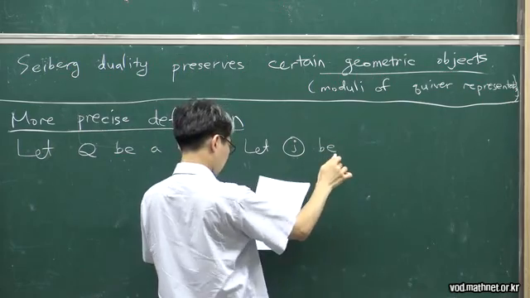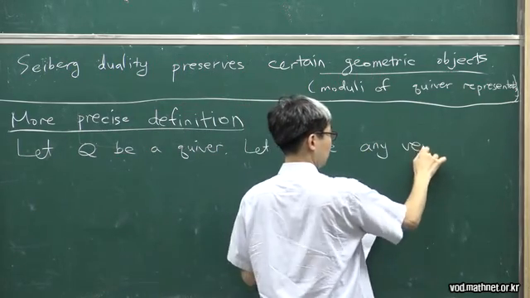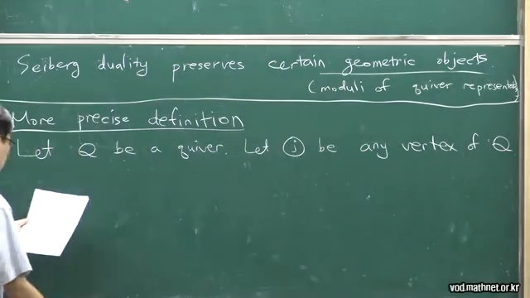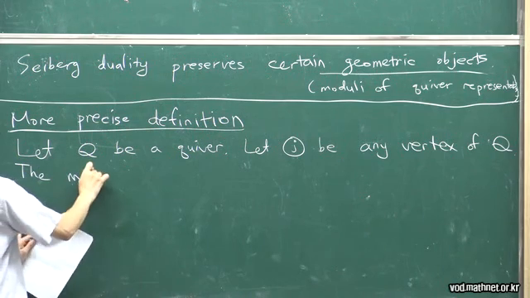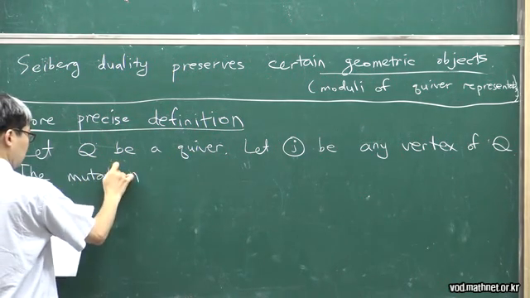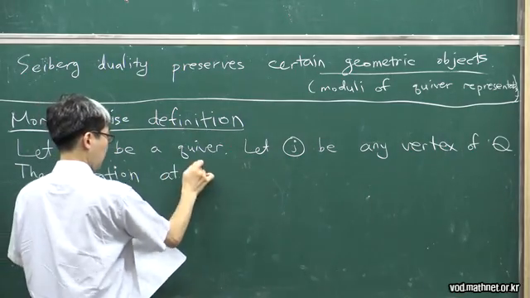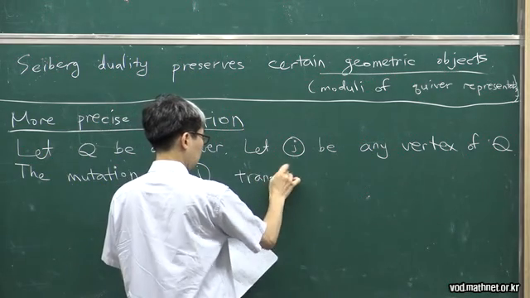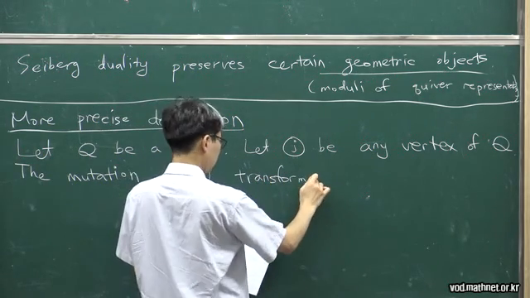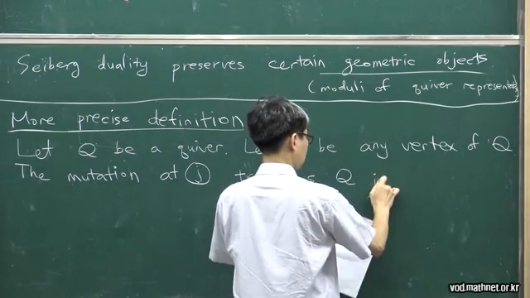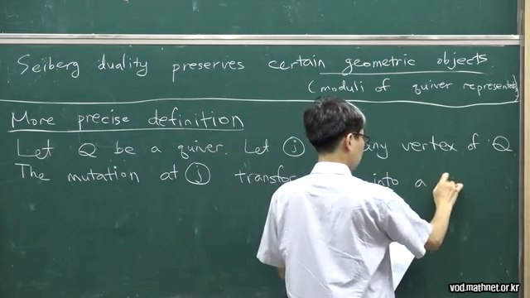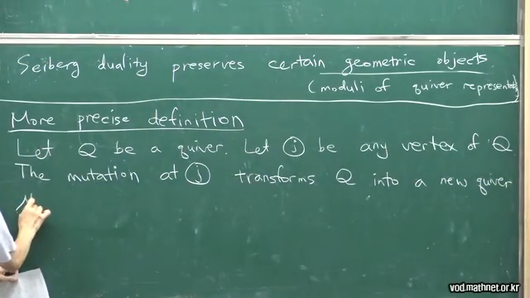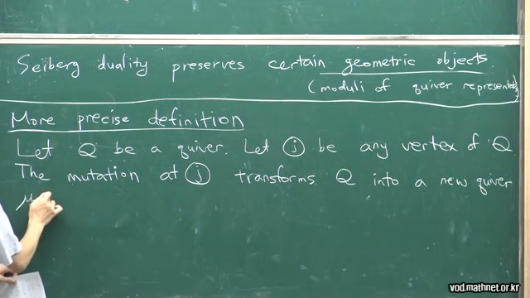I can choose any vertex, let's say any vertex J, and apply the mutation, then this will result in a new quiver.